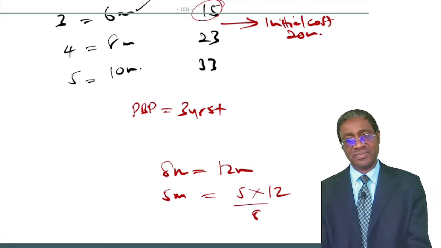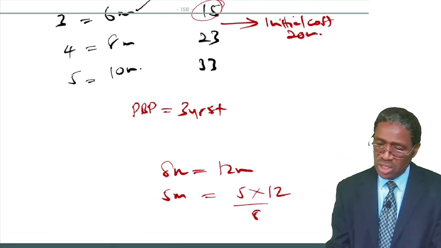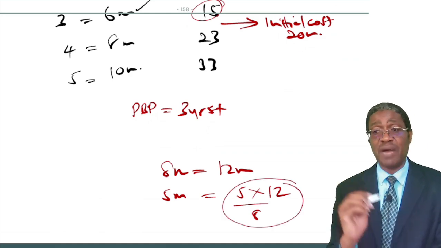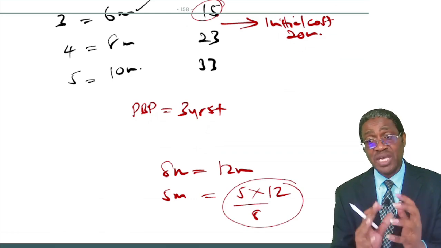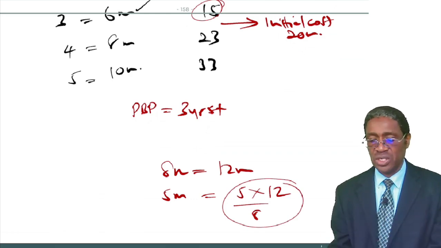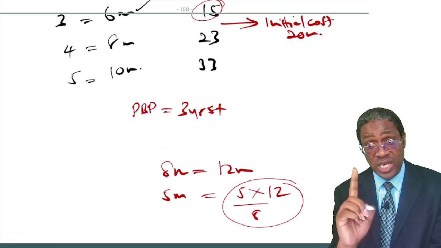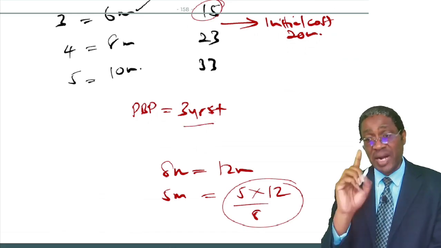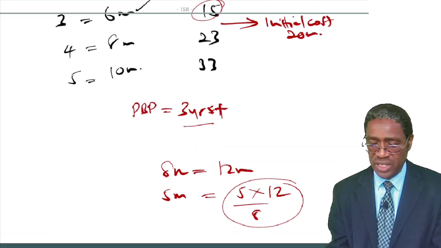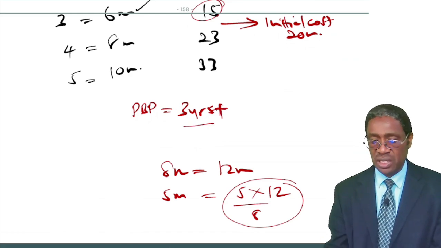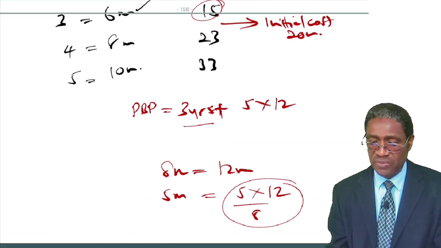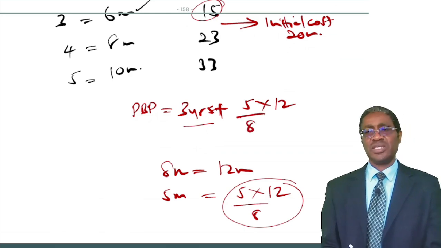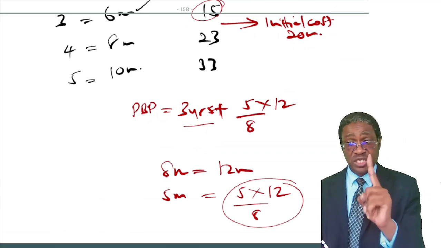Now listen. So this fraction now is the one I want to bring up here. To determine the payback period, you take the year before full recovery, which is which year? Third year. Plus, I've indicated there, 5 times 12, divided by 8. Now let me explain what is 5.